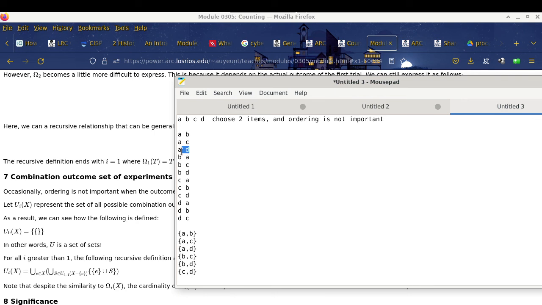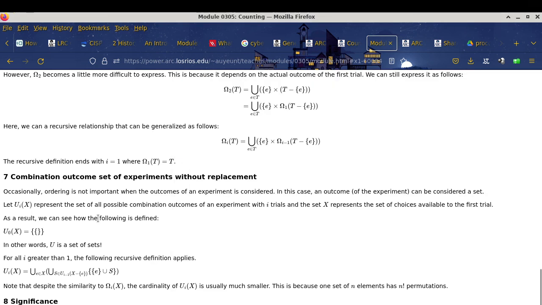All right? So now when we get back to this notation here, we ask, how do we get that? We have a big union here, which means we are taking each element.